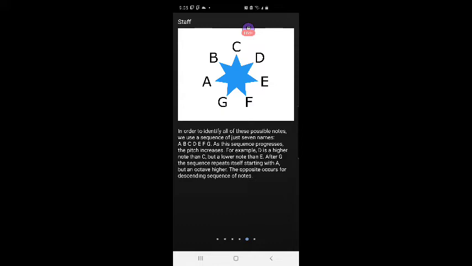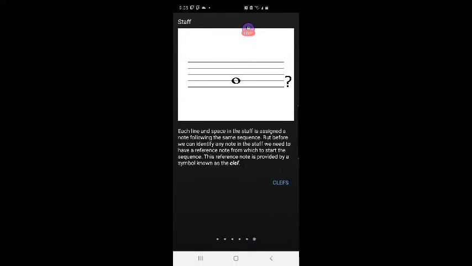After Golf, the sequence repeats itself starting with Alpha, but an octave higher. The opposite occurs for a descending sequence of notes. Each line and space in the staff is assigned a note following the same sequence. But before we can identify any note in the staff, we need to have a reference note from which to start the sequence. This reference note is provided by a symbol known as the clef.